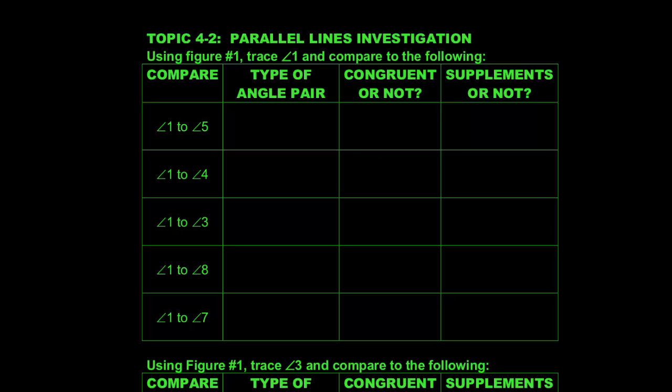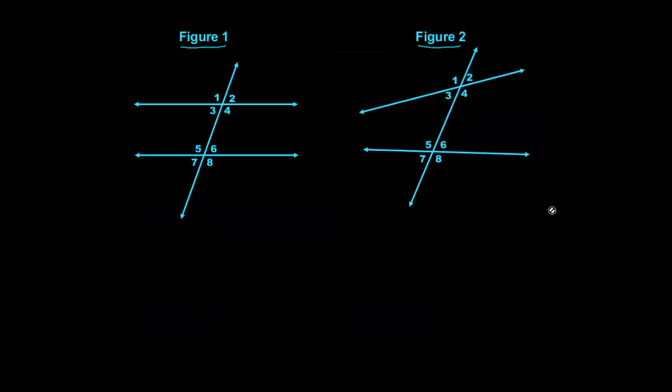If you're looking at 1 and 5, let me go ahead and pull back to our angles. We're looking here at angle 1 right here, and then angle 5. So we're looking at 1 and 5, and it asks what's the type of angle pairs formed.